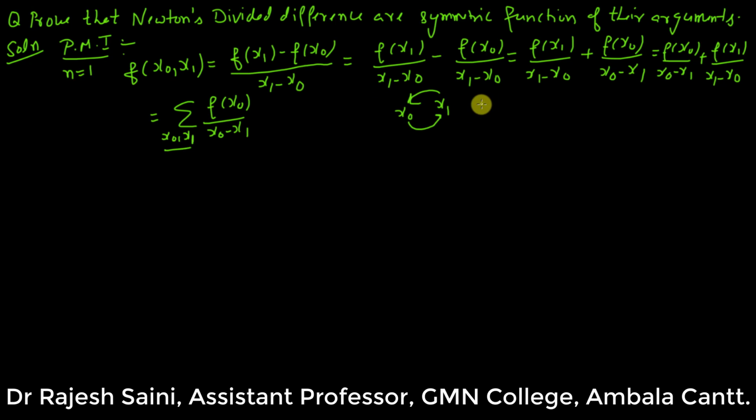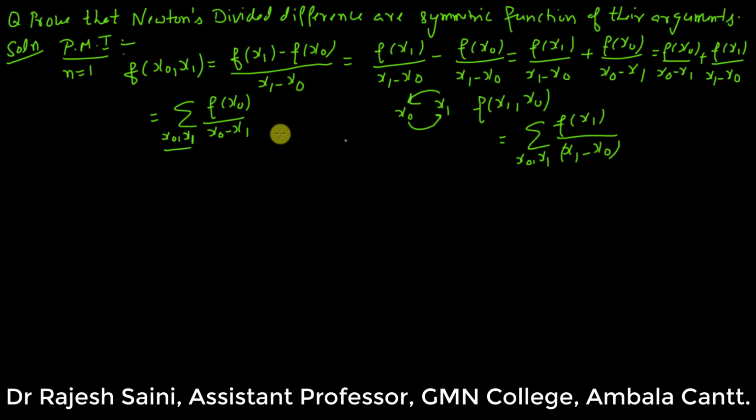When you write f of x1, x0, this could be written based upon the same result as f of x1 divided by x1 minus x0. Fine. So we write that x0 and x1 are in cyclic order.